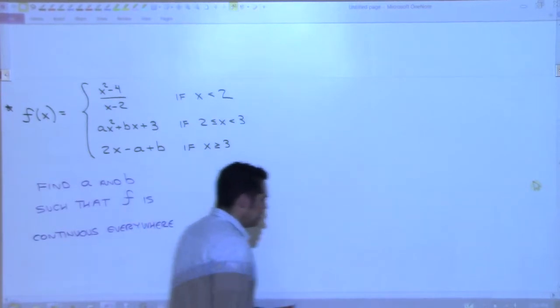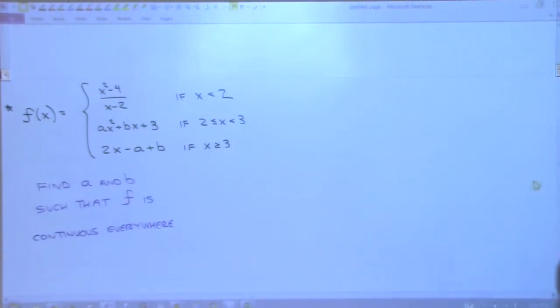I haven't been using the sticks today because there's really not a whole lot of things I can be asking you right now. Find A and B such that F is continuous everywhere. That is the question. All right, well, let's go back and take a look at the picture again.